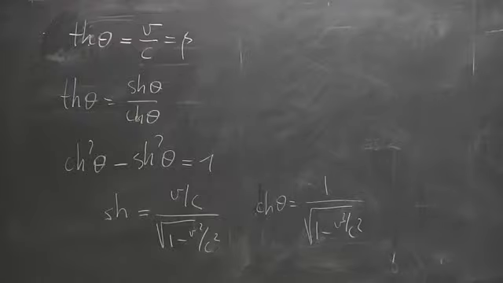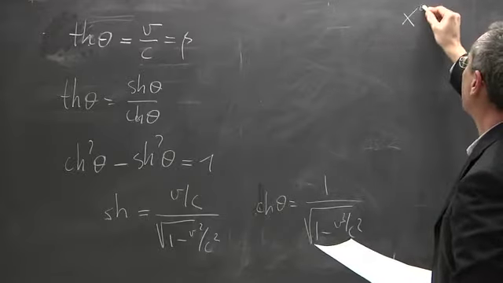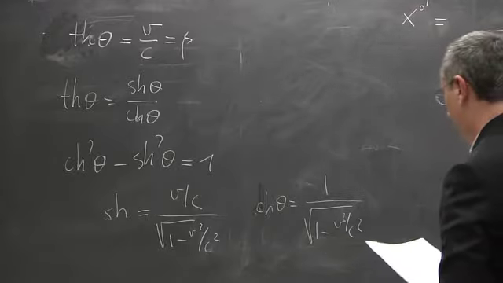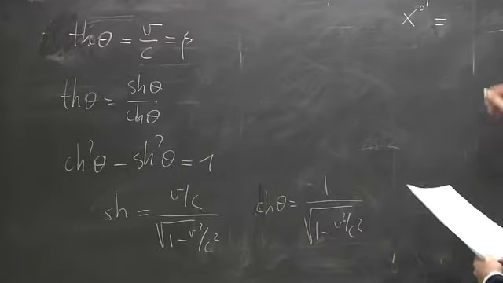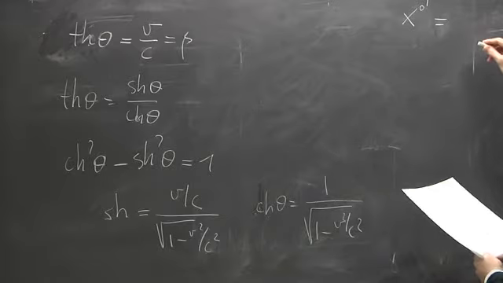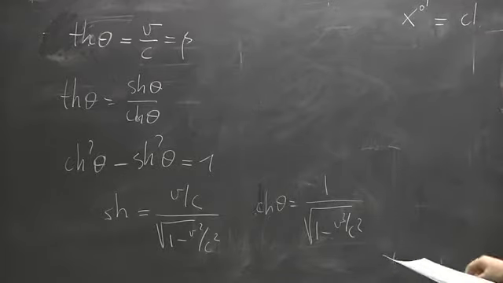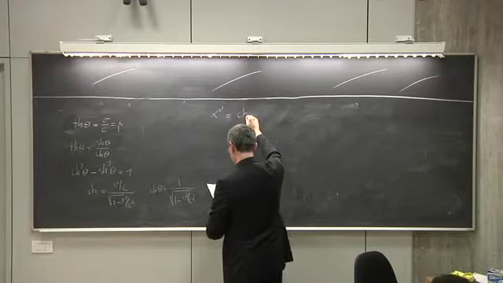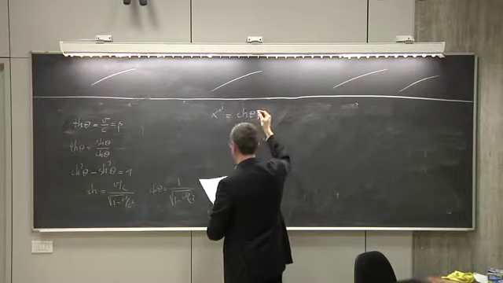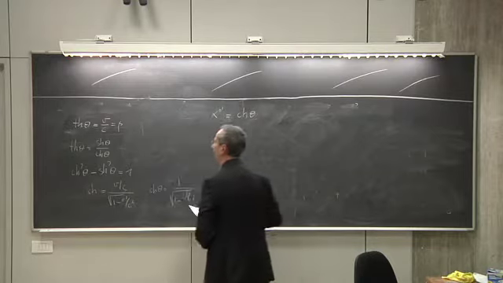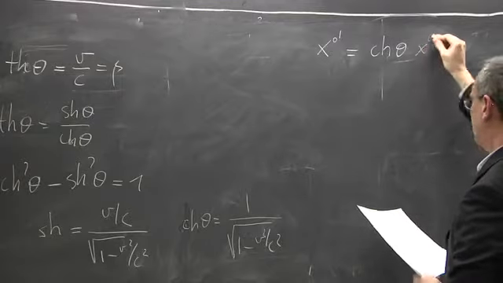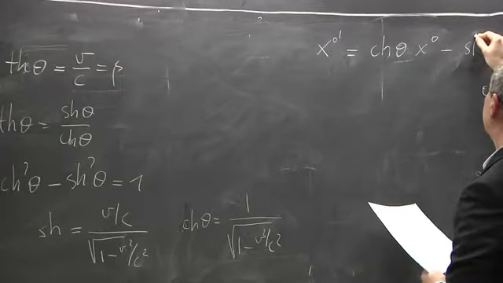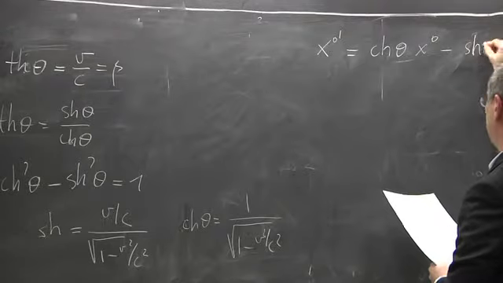So if you remember the boost I wrote before, now I can write the generic boost for the time component, which I can call X naught, as the hyperbolic cosine of this angle theta, related to the boost parameter beta, times X naught, minus the sinh theta times X1.